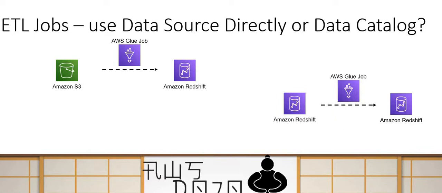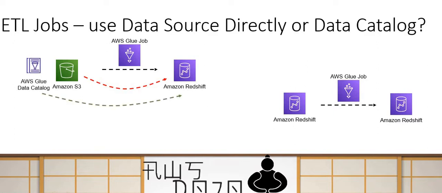So the question is, if I'm writing this kind of ETL job, should I write code which simply talks to the data source, like reading data from S3 and writing to Redshift? Or should I write code which reads data from the catalog and then writes it to Redshift?